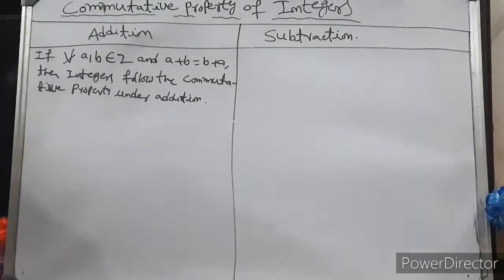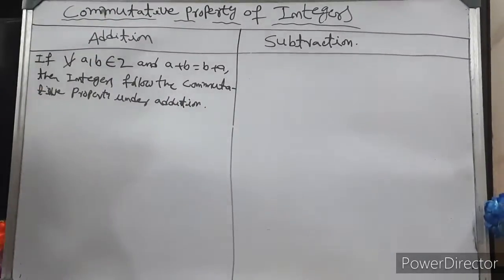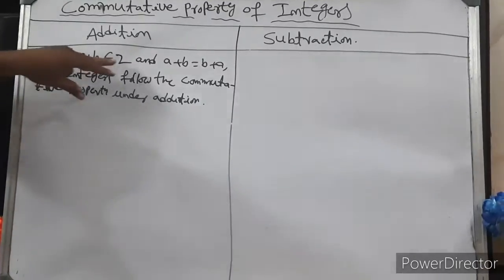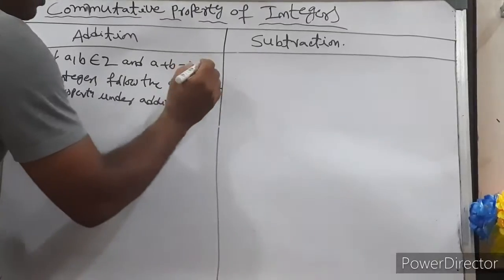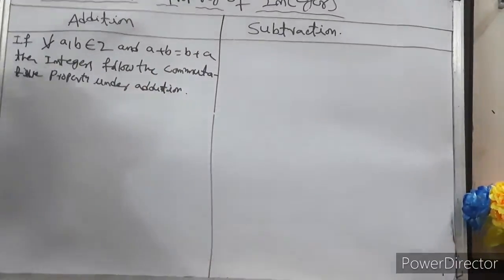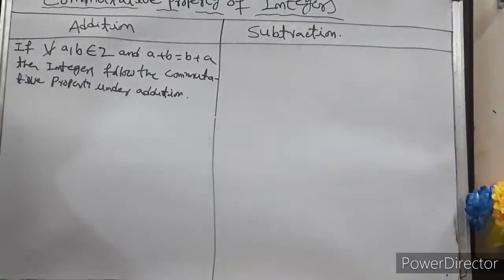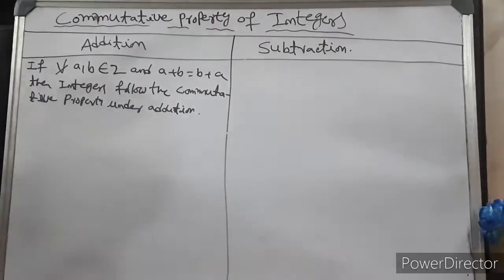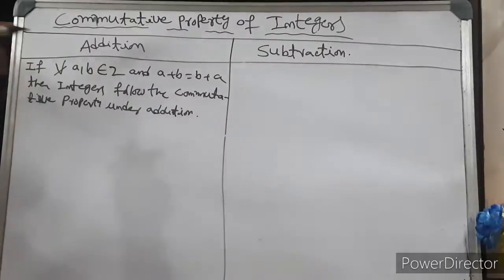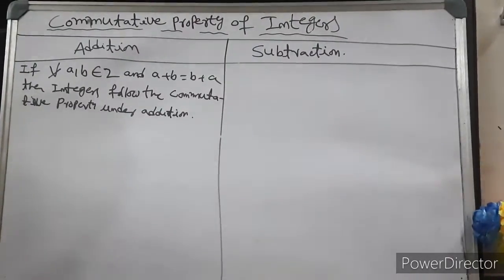That means for all a, b belonging to Z, that is any integers, a plus b is equal to b plus a; then integers follow the commutative property under addition. So we check this property by taking some examples.